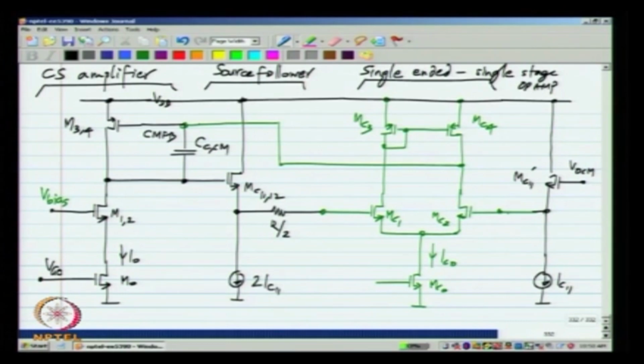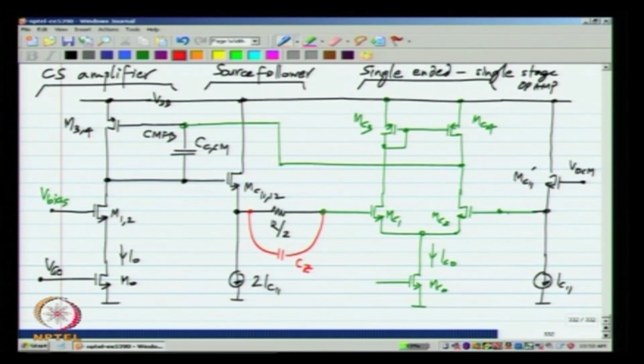So, any way you think about it, essentially you will have a single stage in feedback. And also, as I mentioned earlier, if this R by 2 is very large, then this R by 2 in combination with the CGS of MC1 will cause a lot of delay in the loop. So, you may also have to connect a capacitor, so that it creates a 0 in the loop.